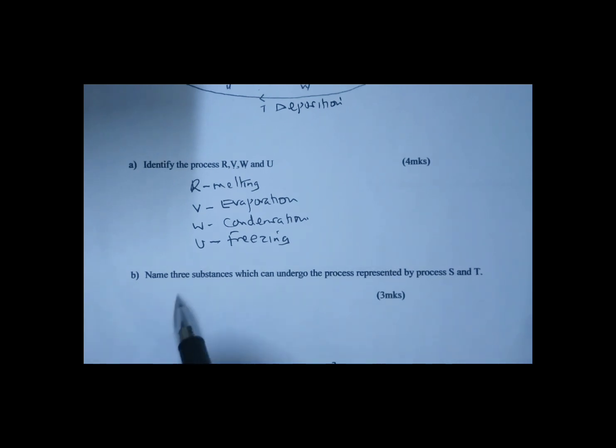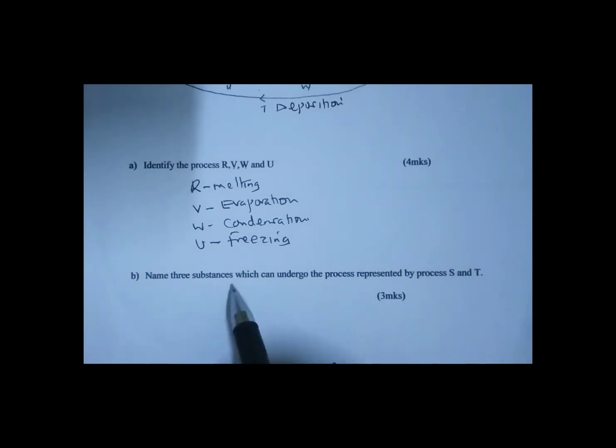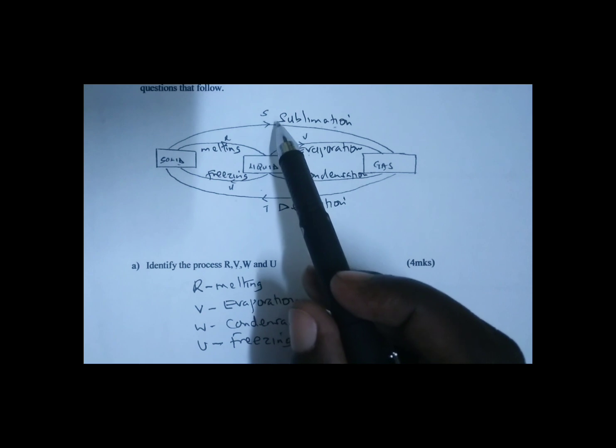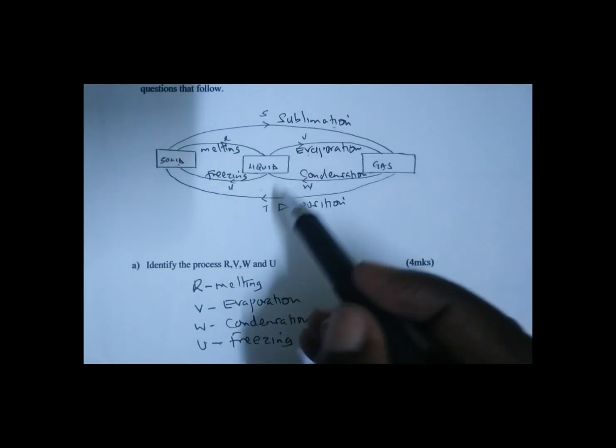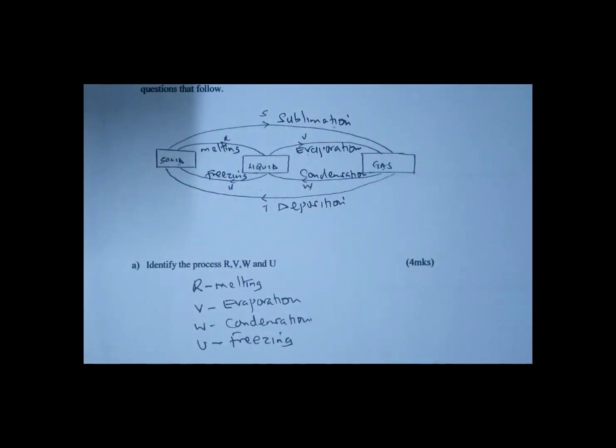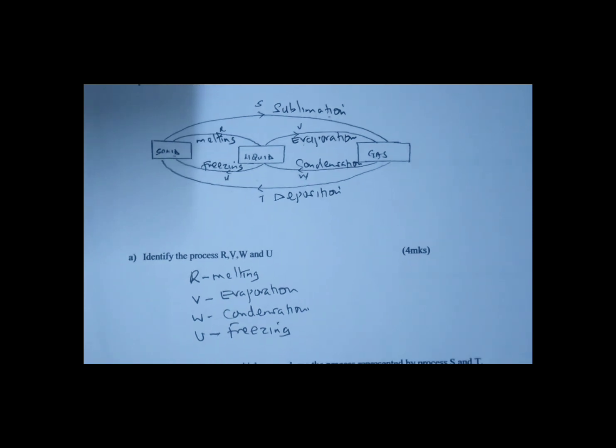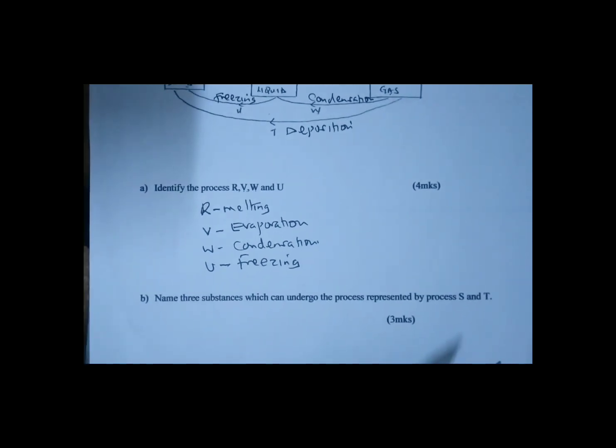Of question number 3. Name 3 substances which undergo processes represented by S and T. The processes represented by S and T are sublimation and deposition, respectively. In this case, we are supposed to list those substances which, when heated, change directly from solids to vapor, and when you cool them, they change directly into solids without forming a liquid.